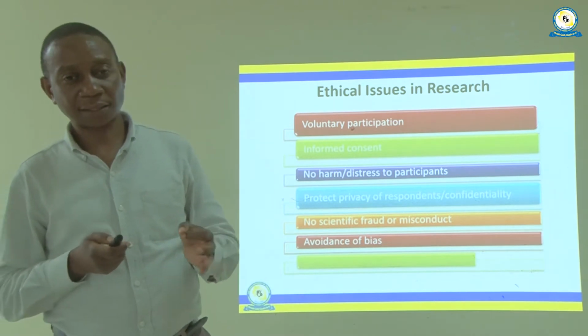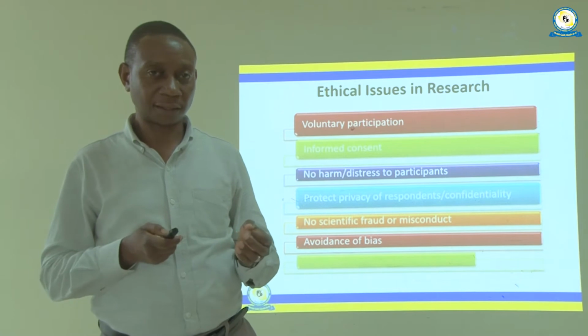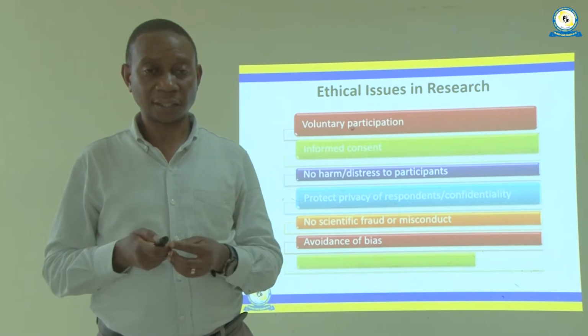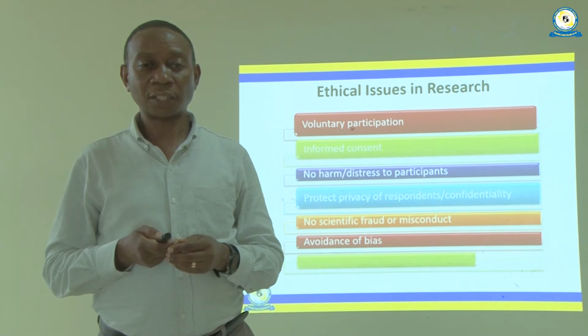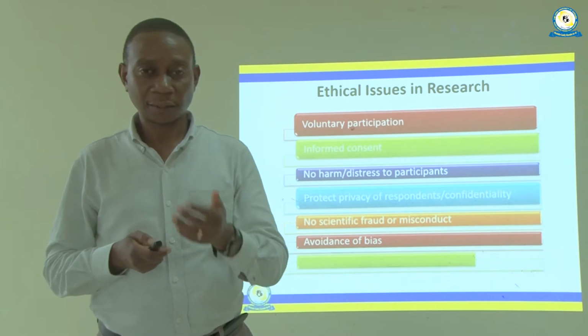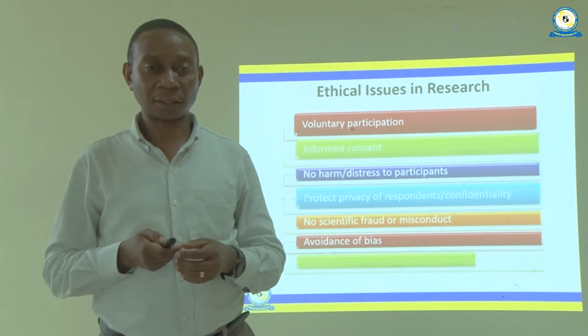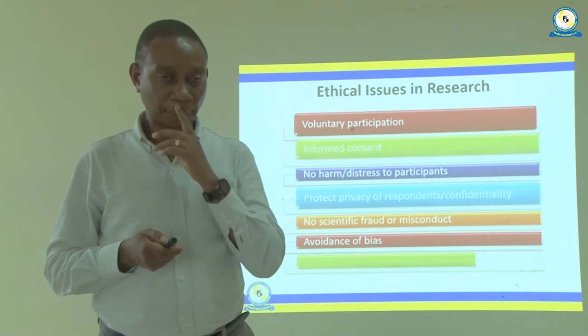We need to protect the privacy of our participants when we conduct the research exercise. And also we need to make sure that there is no scientific fraud or misconduct. We will look in detail in the following slides about fraud and misconduct in research.